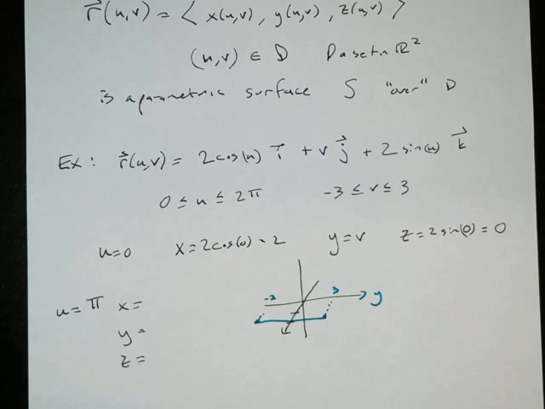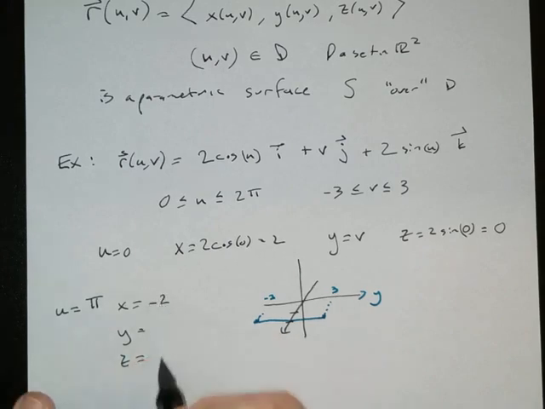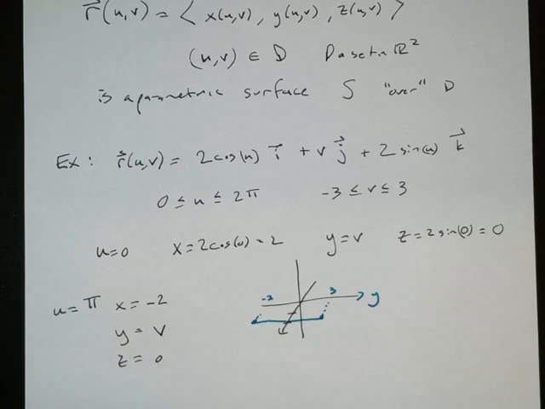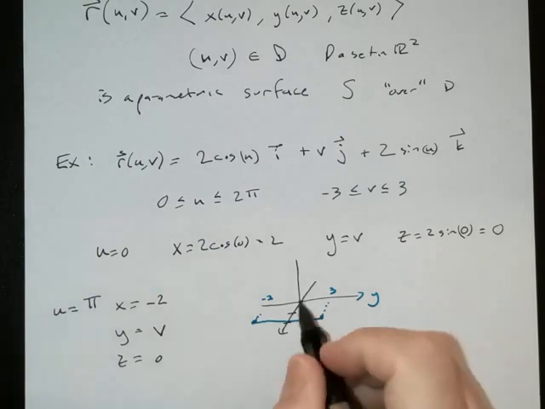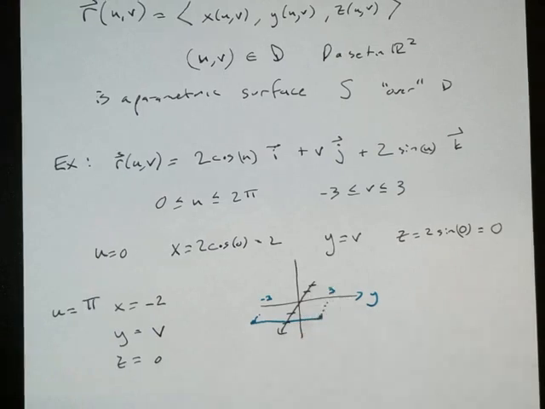Value for x. -2. Value for z. And y is still v. That makes it a free variable, just like it was here. But x and z are pinned, but now they're pinned at another place. So this time I get a different line segment. It's still going in the y direction, but it's way back there.